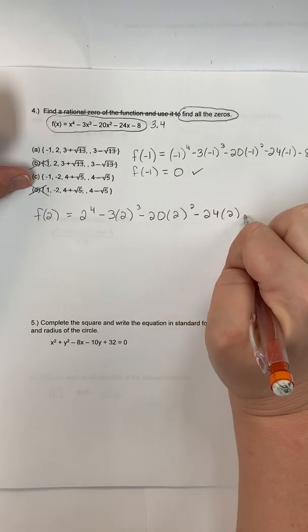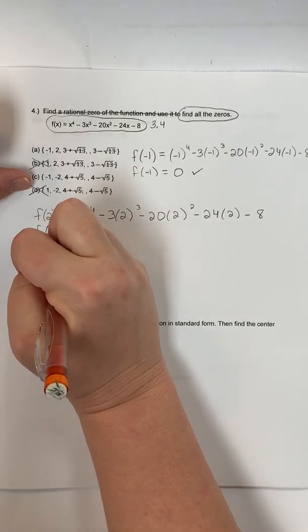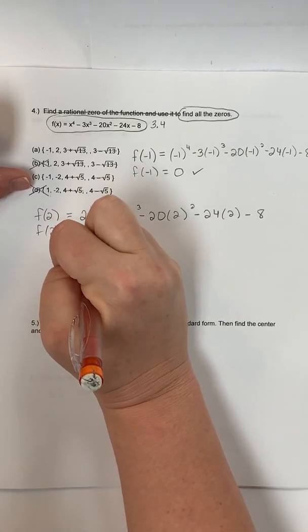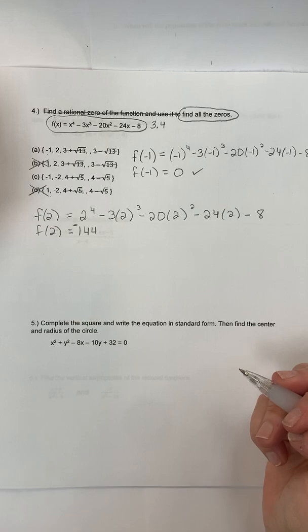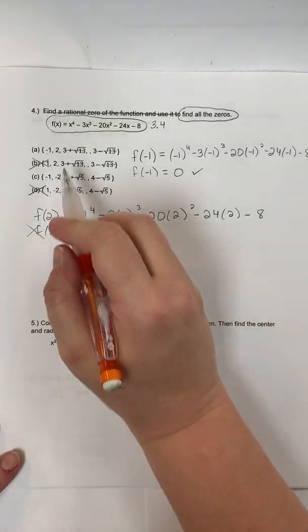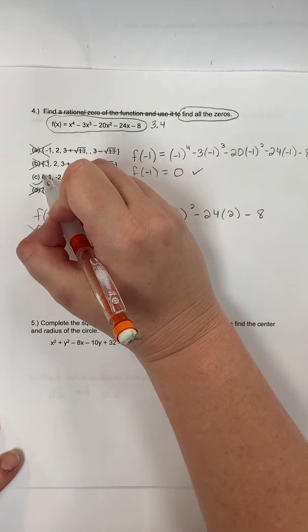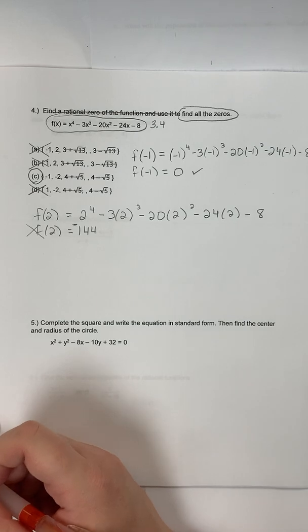If I do, then I know it's A. As I go through and complete that, unfortunately, I don't get a 0. I get a negative 144, which means that 2 is not one of my answers. I can cross that off. So by process of elimination, C has to be my answer.